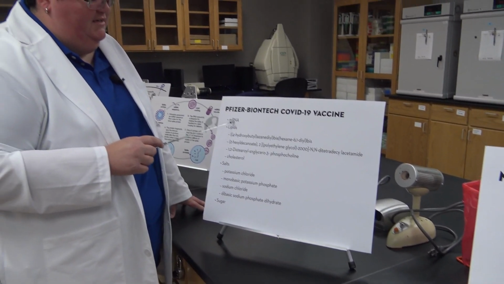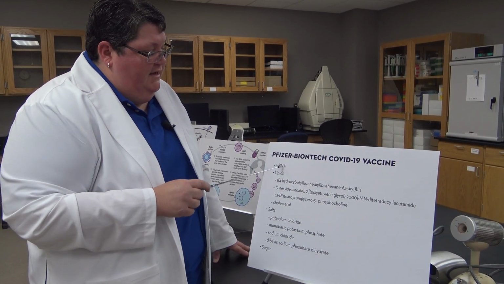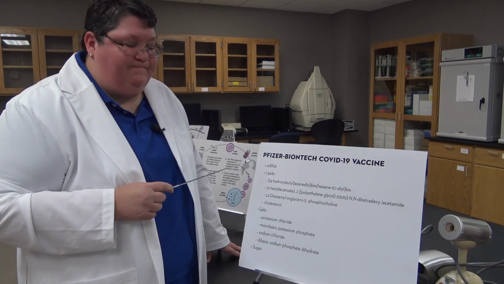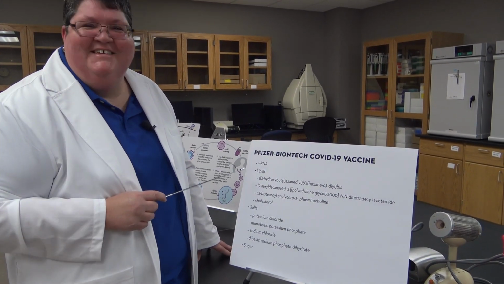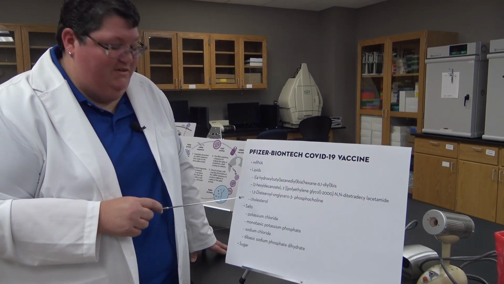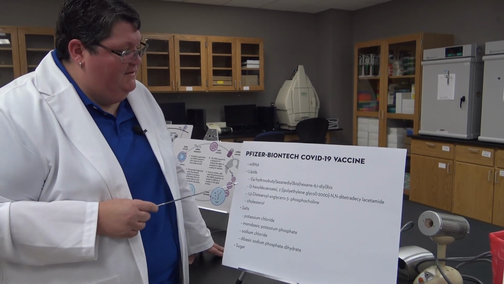Main active ingredient is that messenger RNA for the spike protein. I told you that they have the lipid nanoparticles, the fats. So there's several types of fats, including cholesterol, which you've heard of. And it's awful delicious in the foods, of course. And it's really important to our cells. So there is a good use for cholesterol.